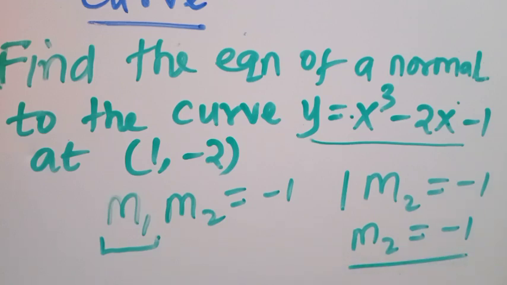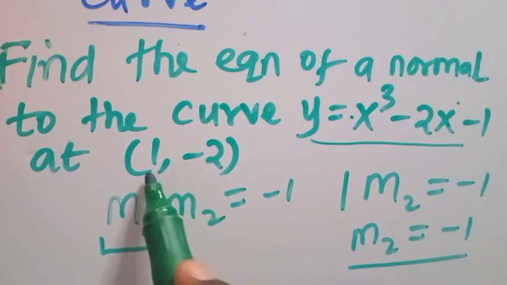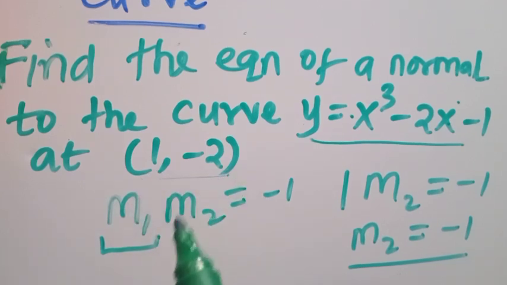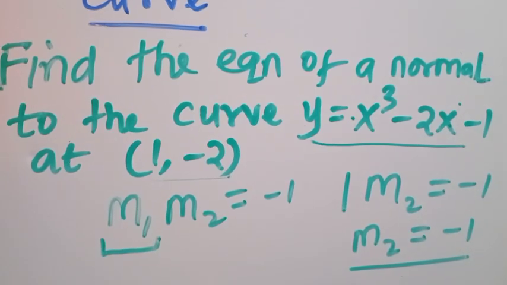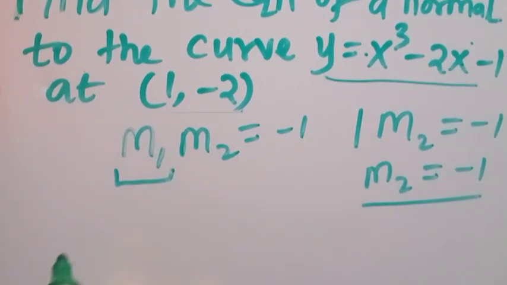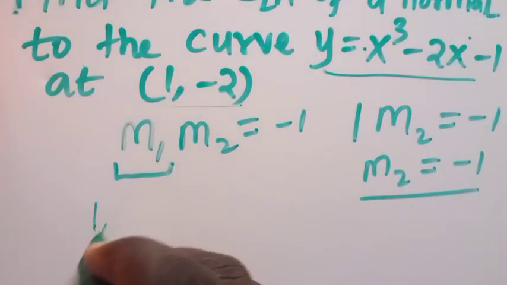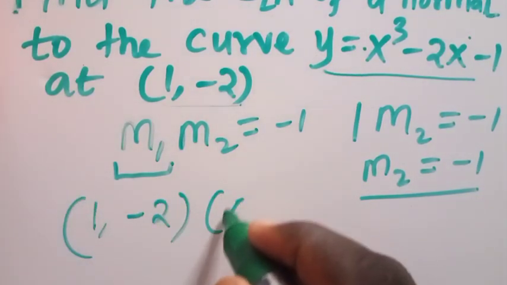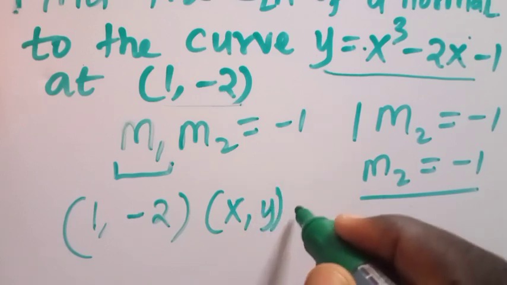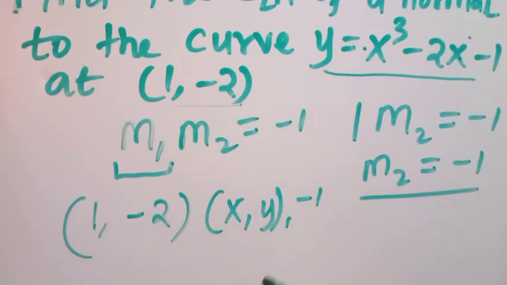Now, since we have our m2 as -1, we shall proceed to find the equation of the normal, because we have this point and the general point x, y, and the gradient which is -1. Therefore, we have 1 comma -2, then the general point x comma y, then we have -1 as the gradient.